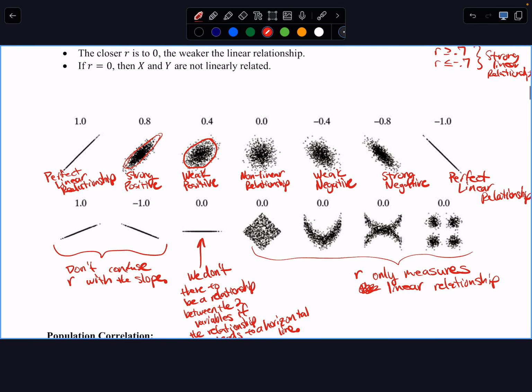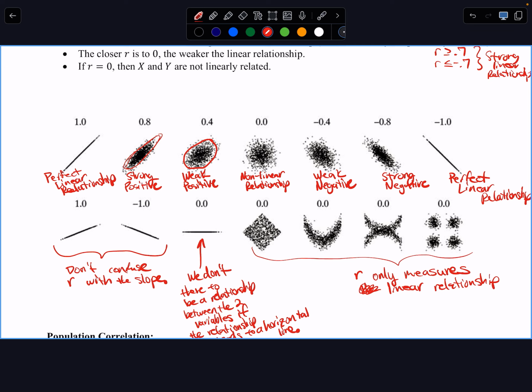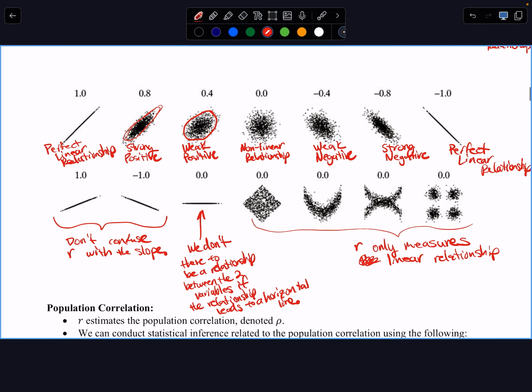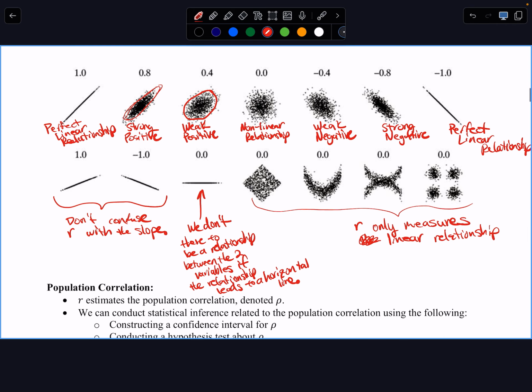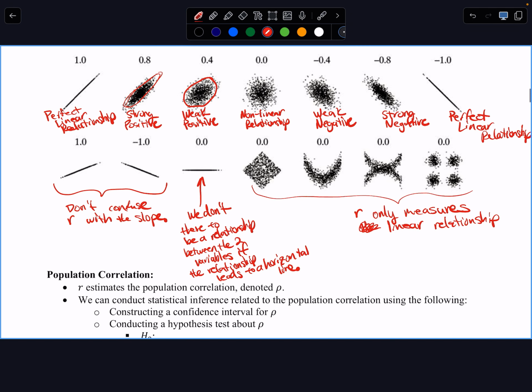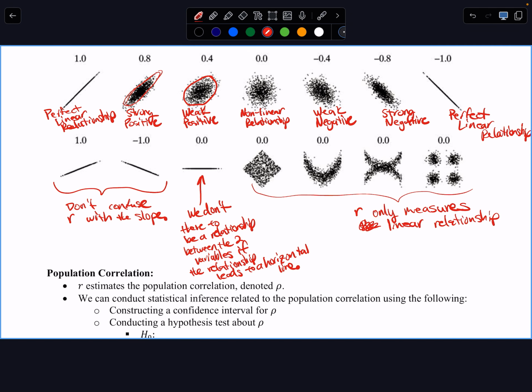So when we go and collect data, we can calculate R. R is a statistic, all right? It's about sample data. What we're usually interested in is the population correlation, all right? And so R estimates the population correlation, which is denoted with the Greek letter rho.